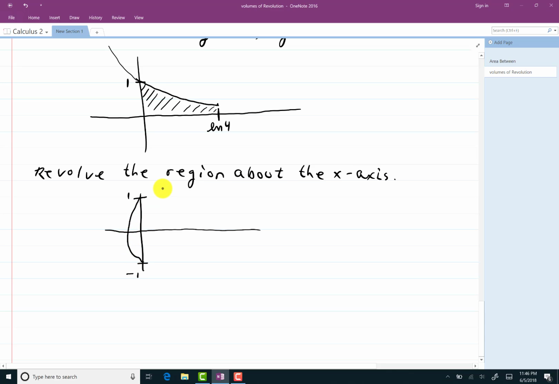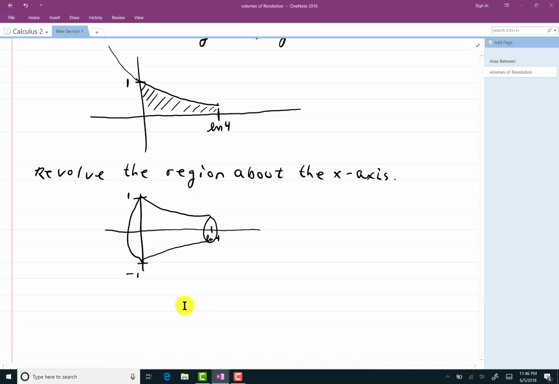And then here at ln of 4, how tall is it? About that tall. You have something like this. Some kind of a weird horn-shaped thing is what you're going to have. And if you really want to, you can make these dashed lines behind it to give it more of the illusion of 3 dimensions. But I don't think you have to.